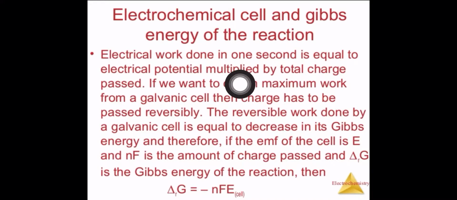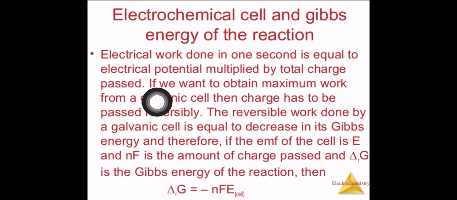There was one equation in 10th standard, if you remember, about the work done, that is V into I, right? In that way again we have one equation over here about work done. So work done is equal to potential difference multiplied by the total charge. Okay, so total charge passed during that particular second.